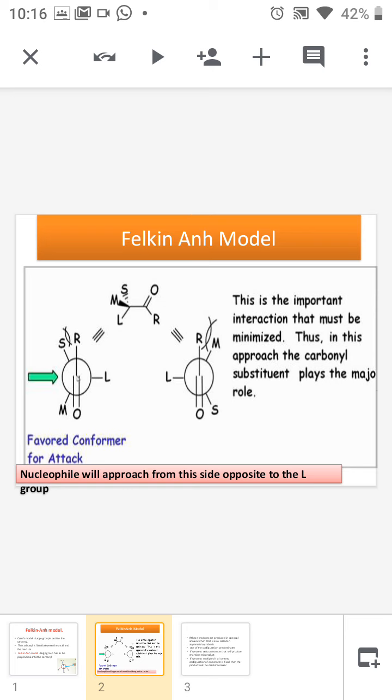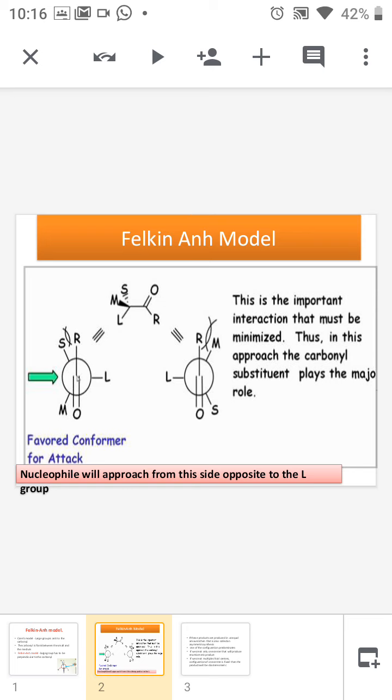That means the nucleophile attacks just opposite to the largest group. Whereas in the second Newman projection formula, here the large group is on our left hand side, but the R group is just behind the medium group. So there is a greater steric hindrance.